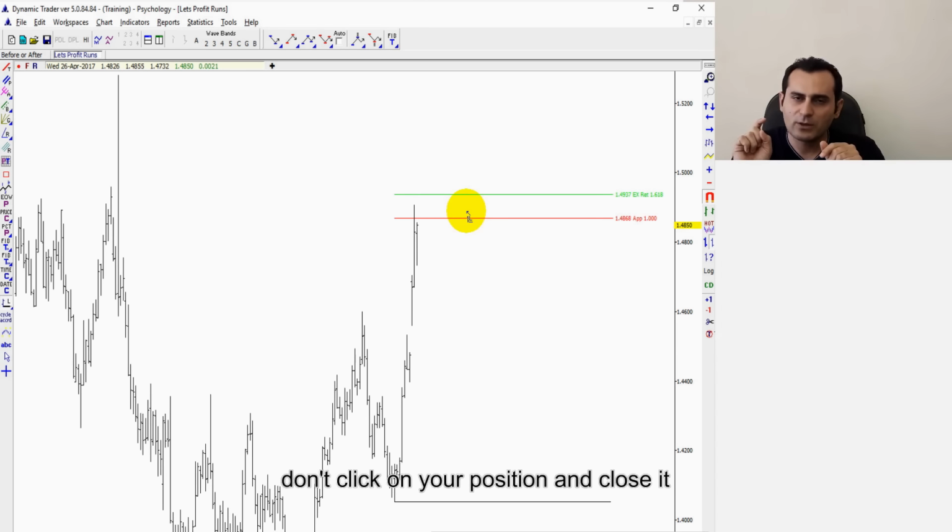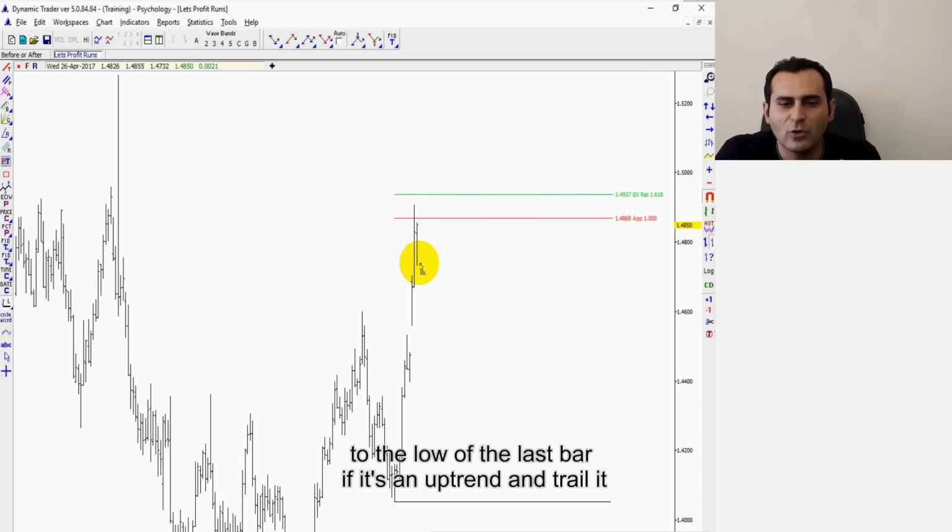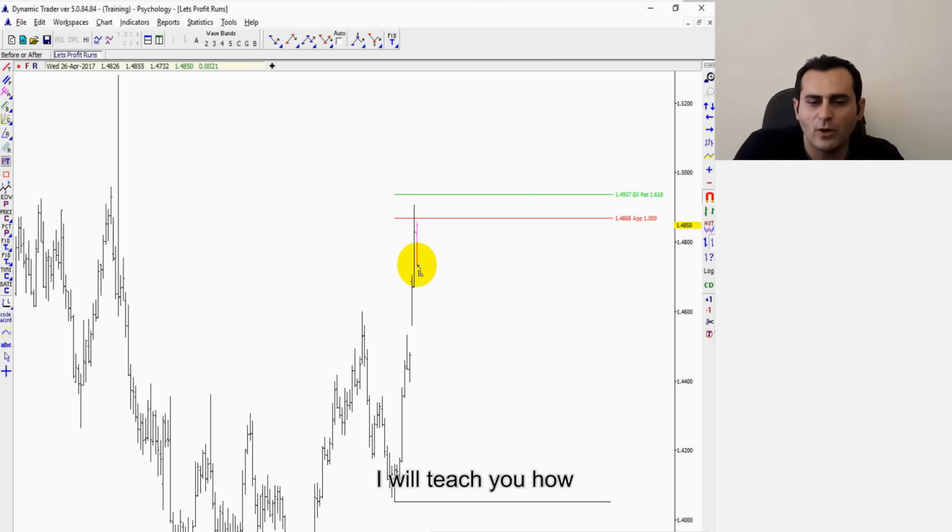For example, don't click on the position and close it. But trail your stop loss to the low of the last part if it's an uptrend, and trail it. I'll teach you how.